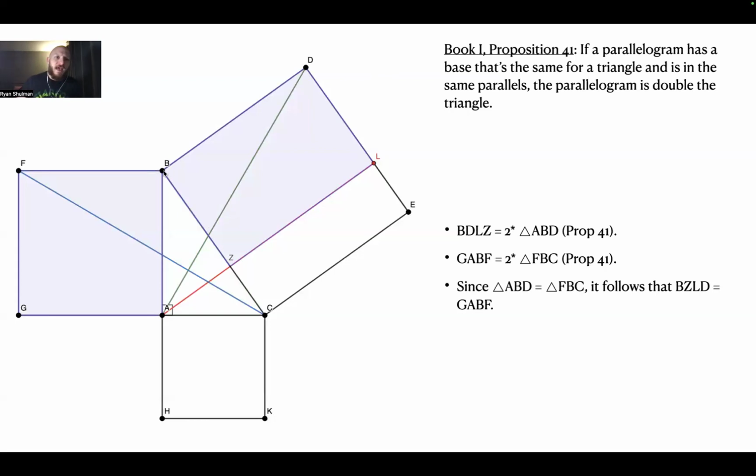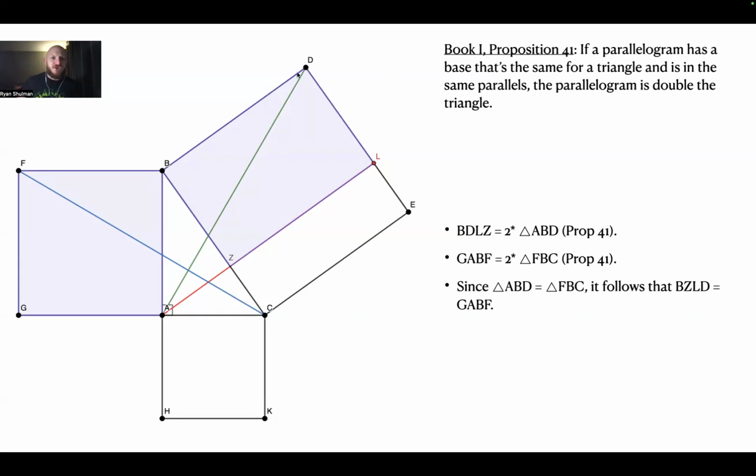If you first look at a parallelogram, or I guess it's a rectangle, BZLD, this purple rectangle, this is falling in the same parallels and has the same base as triangle ABD.